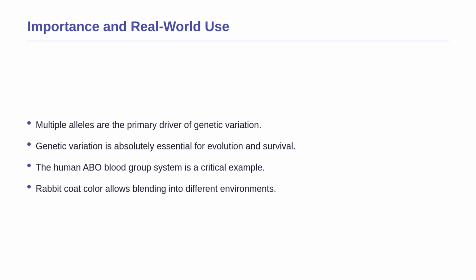In our daily lives, the most famous and critical example is the human ABO blood group system, which dictates safe blood transfusions. Another classic example is coat color in rabbits, allowing them to camouflage in environments from snowy mountains to dark forests. Without this, our rich biological tapestry would be a simple binary world.